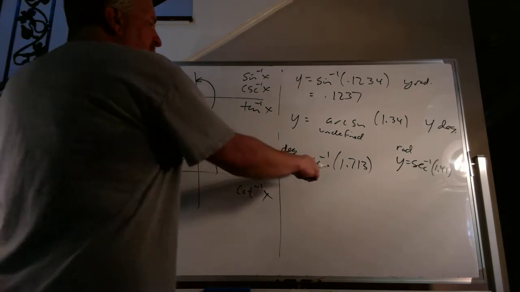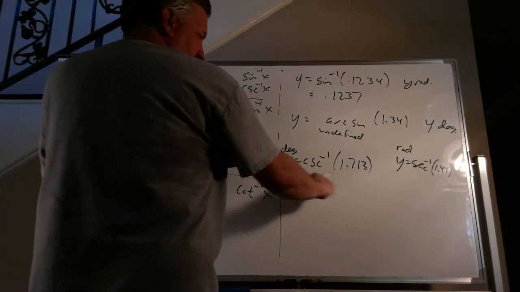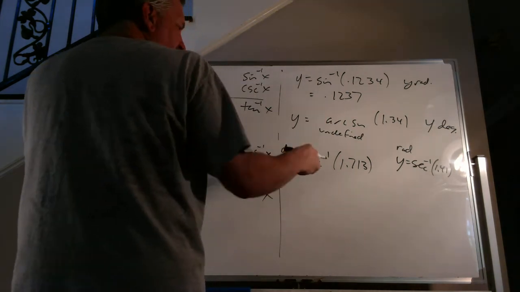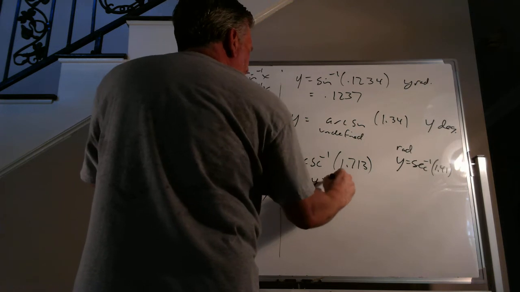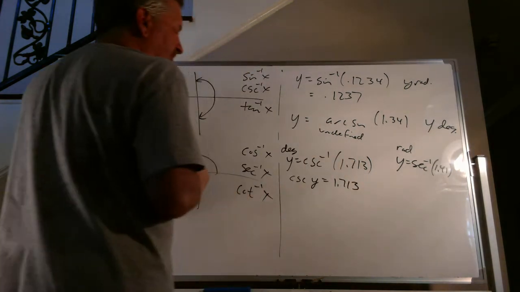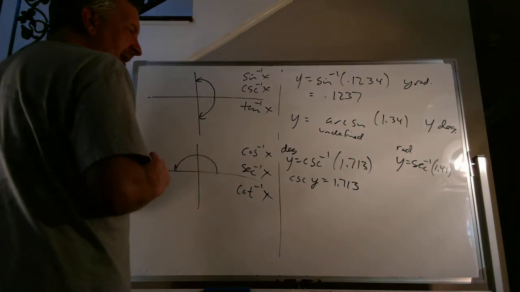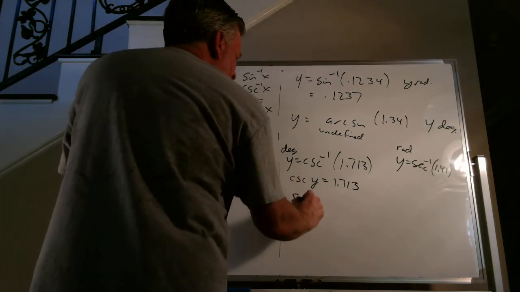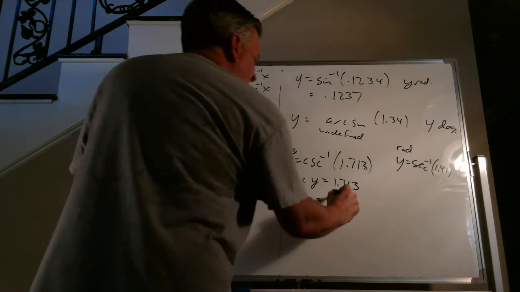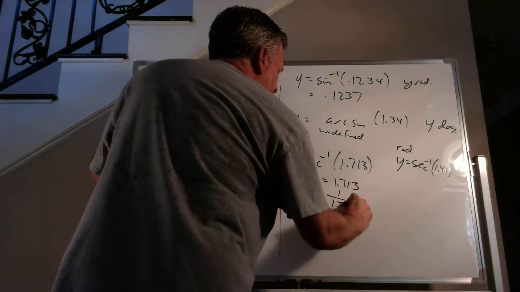So let's first change this to a cosecant statement, just like our two facts. Cosecant inverse of a number is an angle, so cosecant of the angle is the number, okay? No problem. Now let's change it to a sine statement. Cosecant and sine are reciprocals. So how do you get sine from cosecant? It's the reciprocal, 1 over.